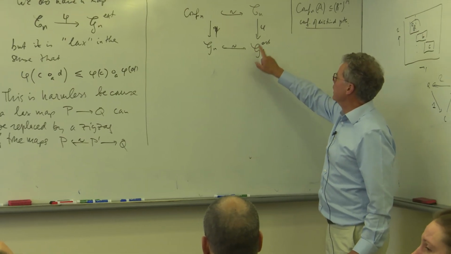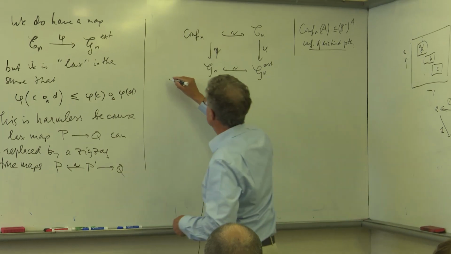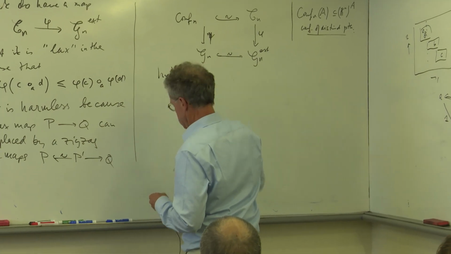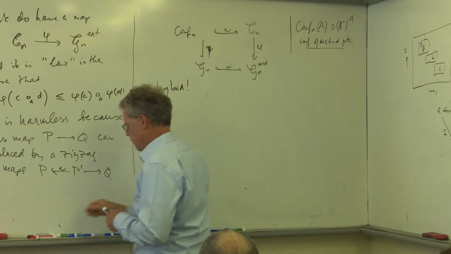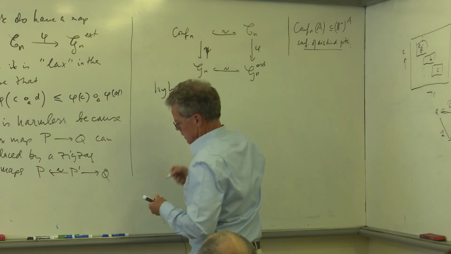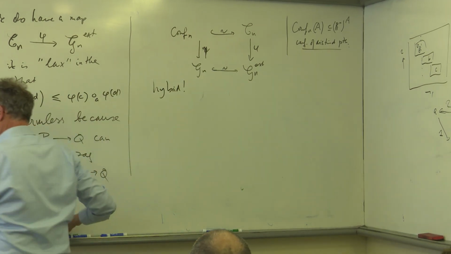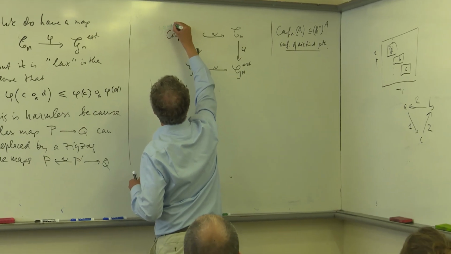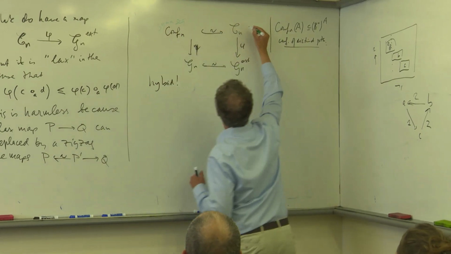Okay, where were we? So, hybrid square. Let me emphasize this. This is a symmetric sequence, this is an operad.